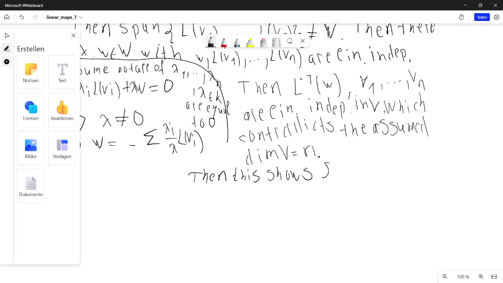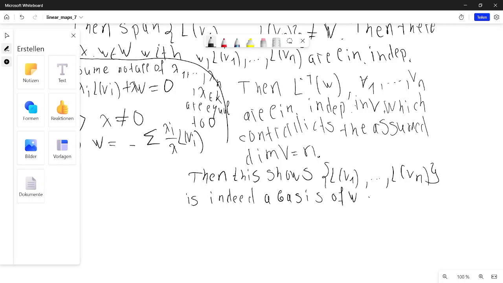This shows that L of V1 up to L of Vn is indeed a basis of W, and with that we have, of course, n. Let's do it like that.